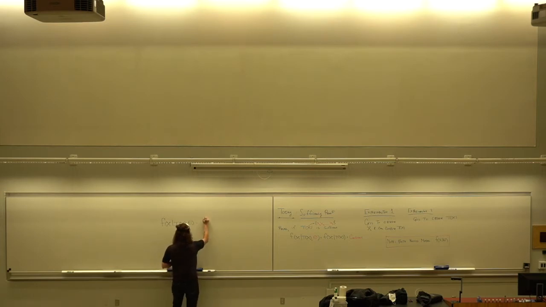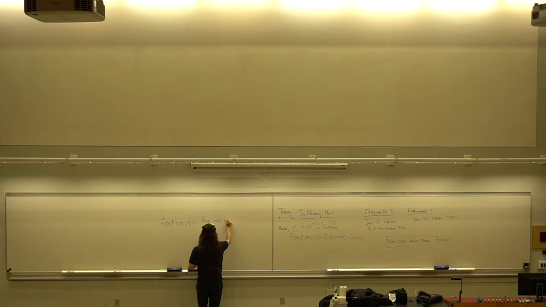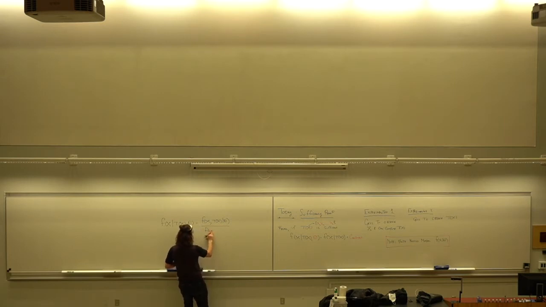We'll just apply some basic probability theory. f of x, T(x), given theta, divided by f of T(x), given theta.